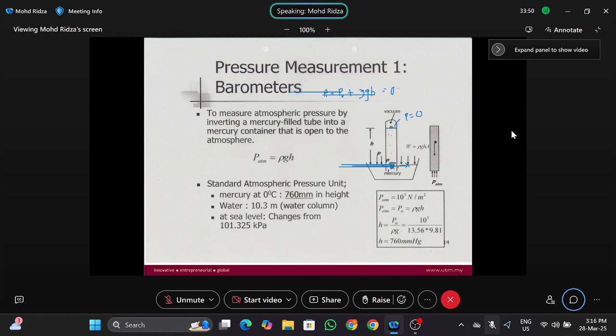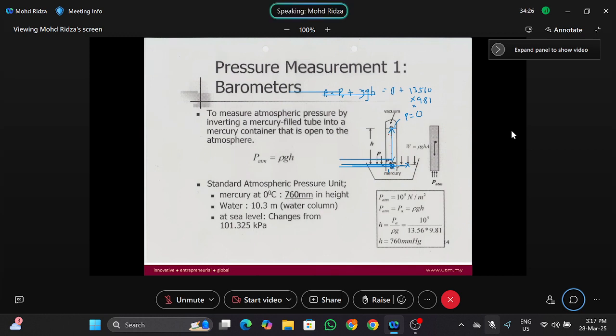Rho is the density of the mercury. You have to know the density of the mercury, which is 13,560 kilograms per meter cubed, times gravity, which is 9.81 meter per second squared, and then times the height difference from here to point 1.